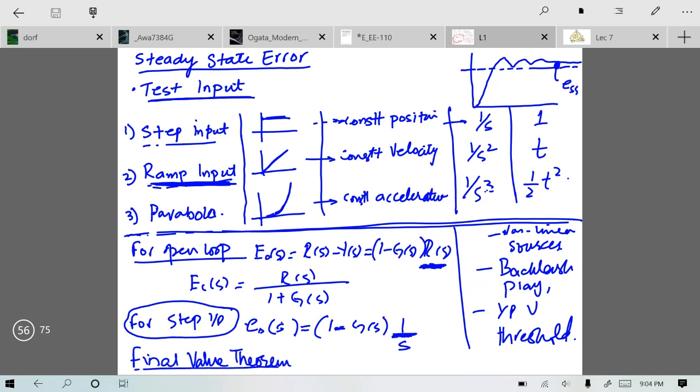If you have something which is x of t, which can be represented in the Laplace domain as x of s, then in order to find x of infinity, t approaches infinity in the time domain is equal to s approaches 0 multiplied by s in the s domain.